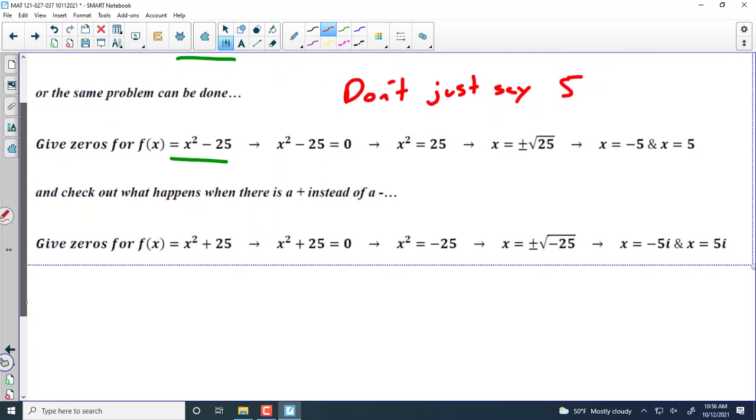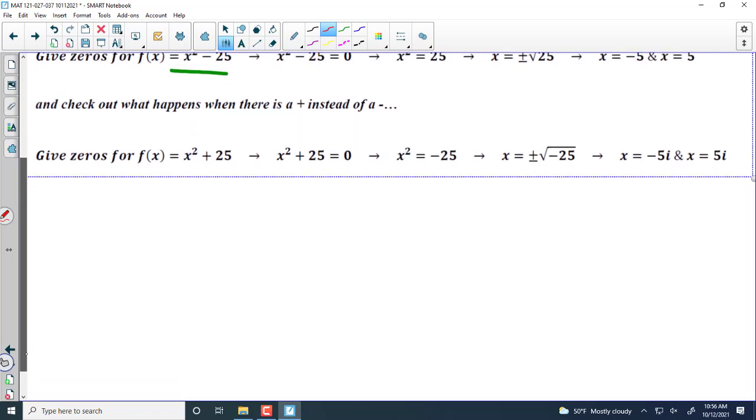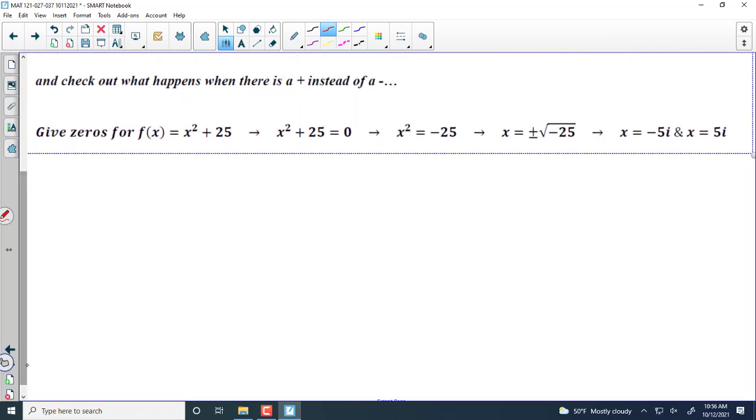While imaginary numbers can turn into factors, generally, if you have something like x squared plus 25, you don't try to factor that one. It does factor to x plus 5i and x minus 5i, but most people don't do that.